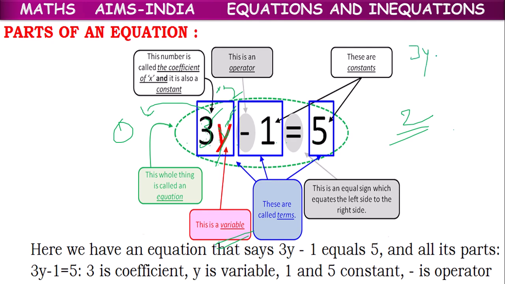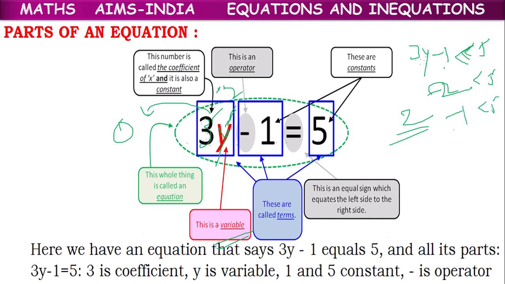Suppose we have 3y minus 1 is less than 5. To make this true, we can keep 1: 3 into 1 is 3, minus 1, we get 2, and 2 is less than 5. Correct. If we keep 0, 3 into 0 is 0, minus 1 gives minus 1, less than 5.